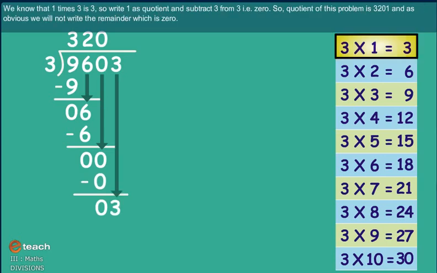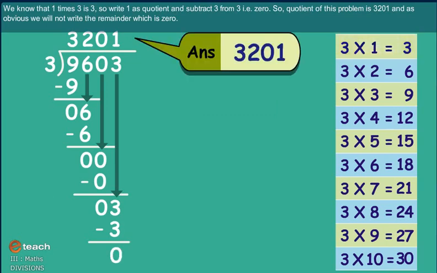We know that 1 times 3 is 3. So write 1 as quotient and subtract 3 from 3. So quotient of this problem is 3201. And obviously, we will not write remainder, which is 0.